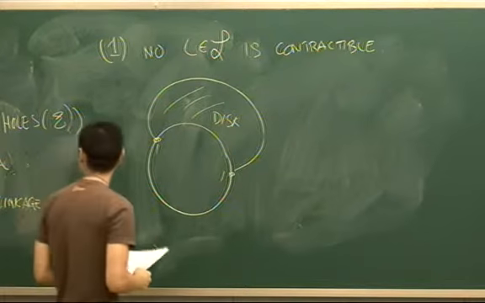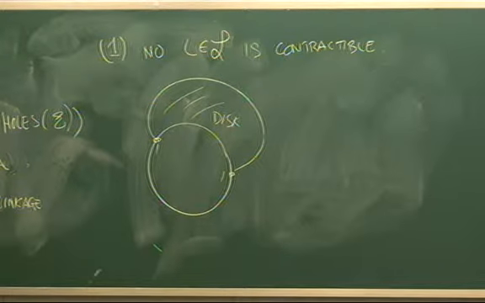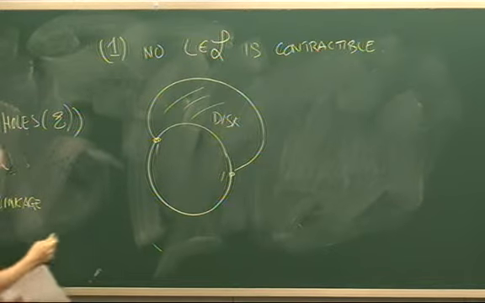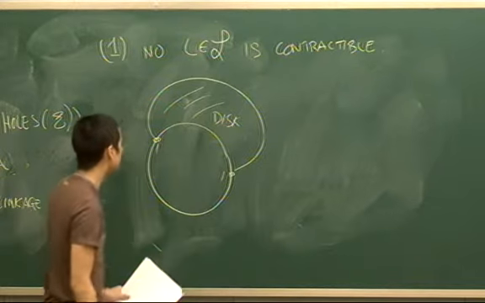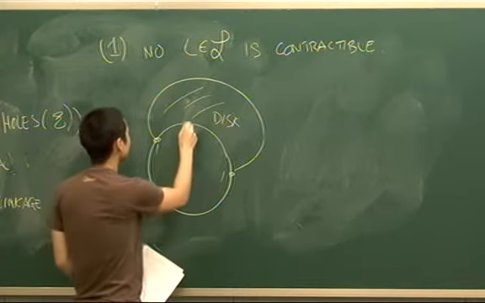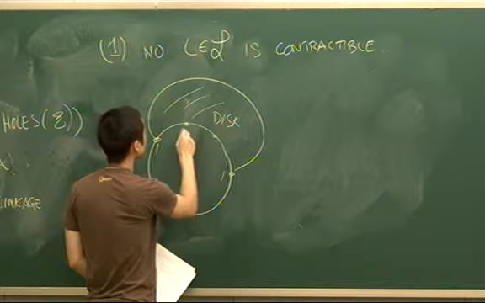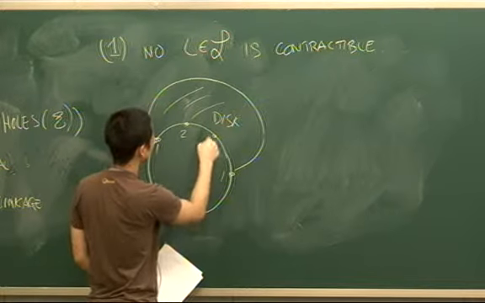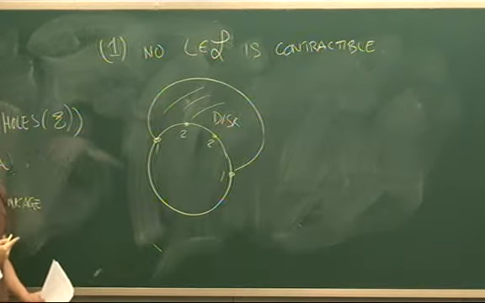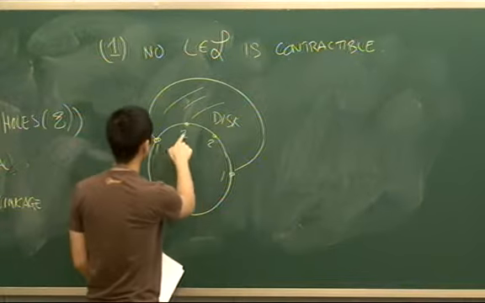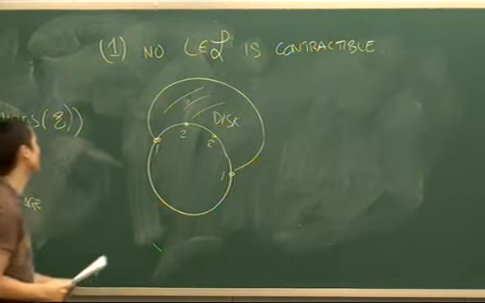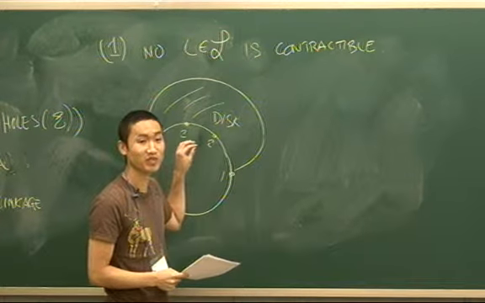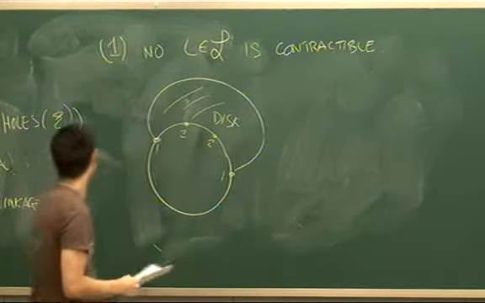The claim is that no linkage path is contractible, and that's because if we've got a contractible path like this, the thing is planar inside, and so that means that there must be 2 linkage vertices that are consecutive along this hole that you want to link up. So maybe this 2 and this 2. And then what you can do is just delete that pair from the linkage and apply induction.